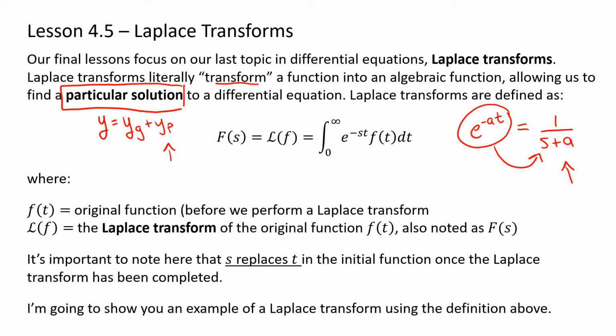So a Laplace transform, we have 2 different notations of it. Okay, so we start with a function f at t, and the Laplace transform is capital F at s. Okay, so s is replacing t.